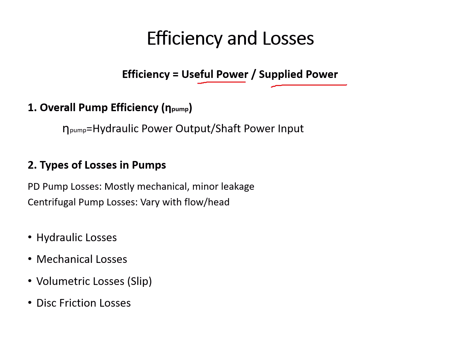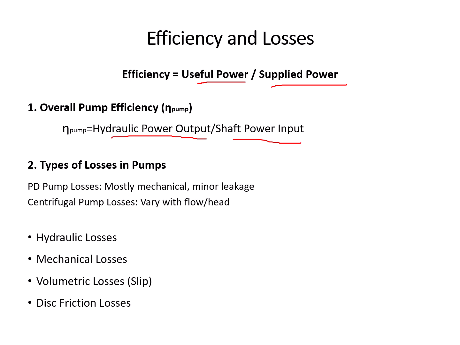So, to get the overall pump efficiency, you divide the hydraulic power output by the shaft power input. This tells you how efficiently a pump converts mechanical energy into fluid energy.